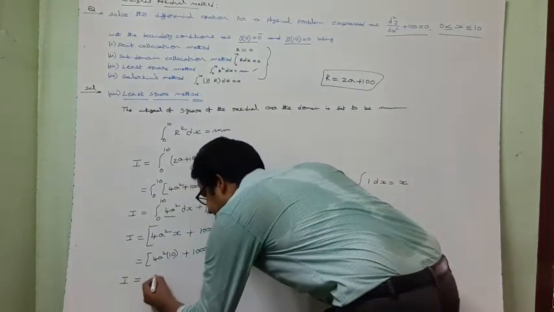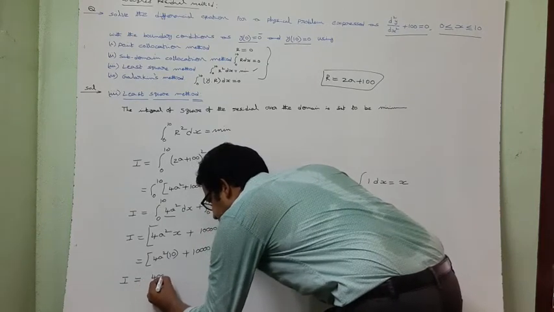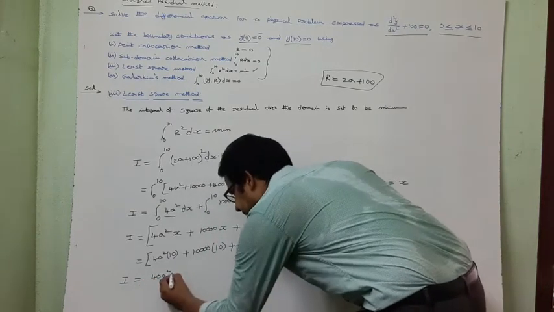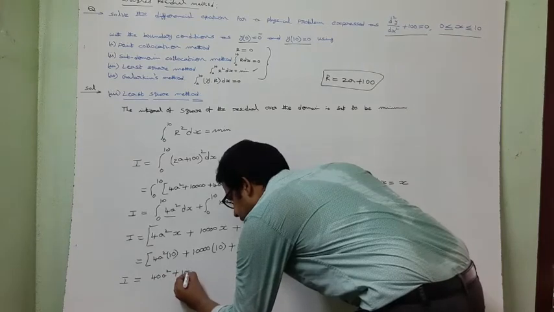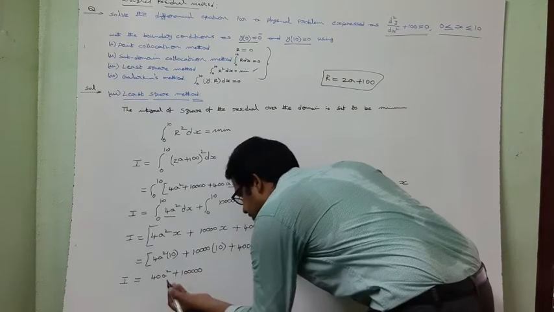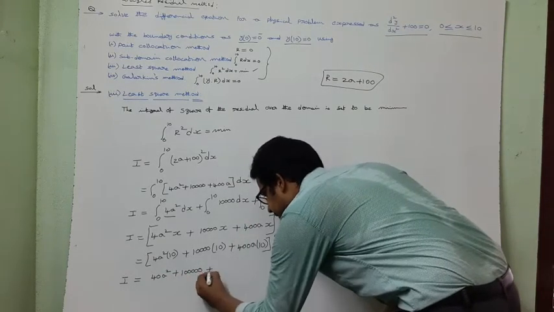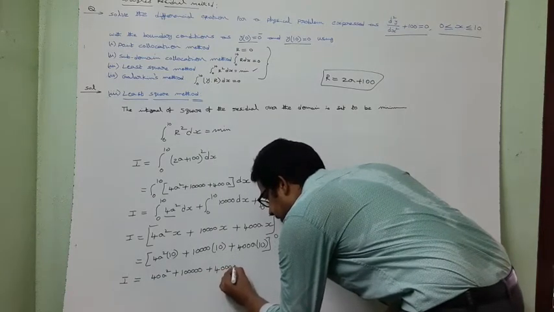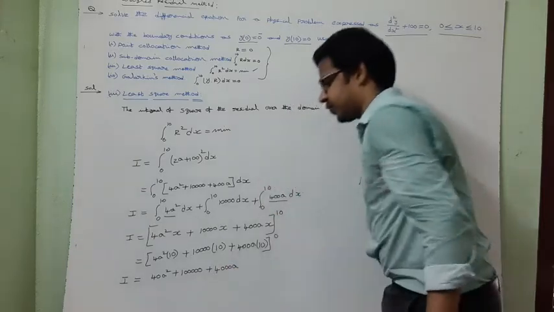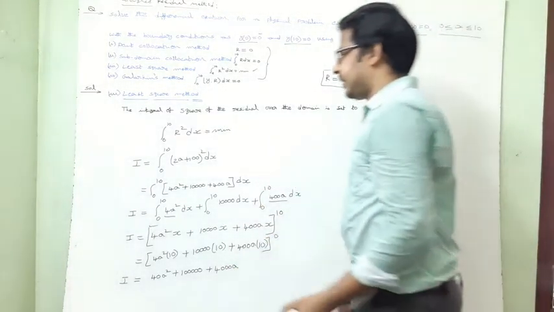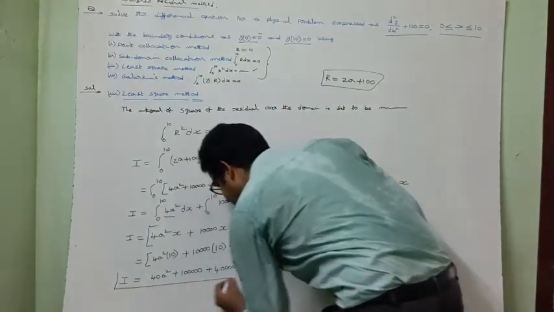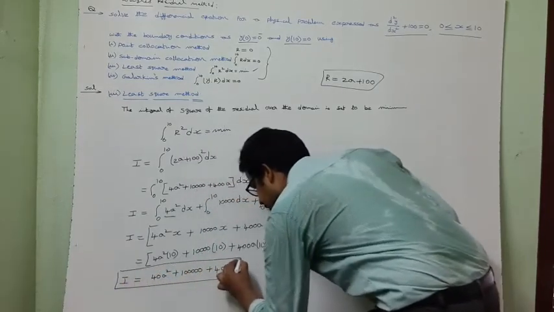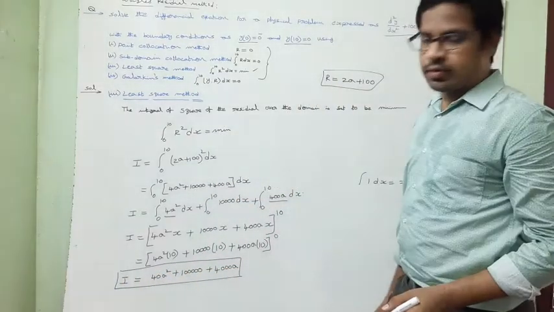The integral I is equal to 40a square plus 1 lakh plus 4000a. So this is the integral function.